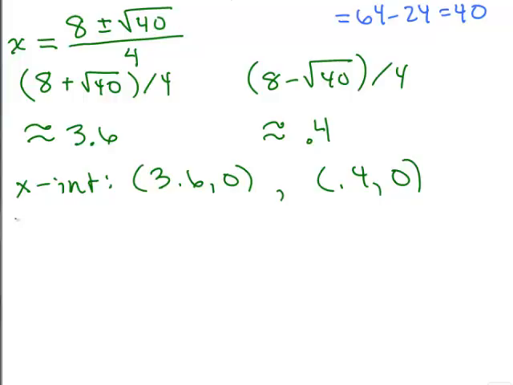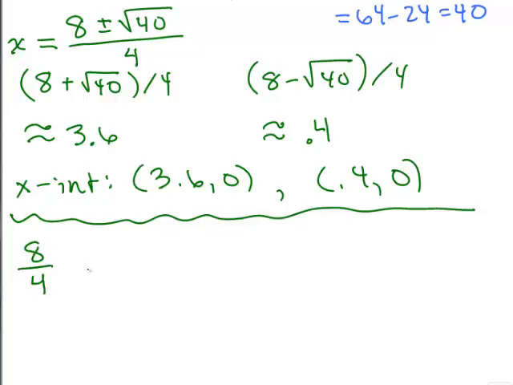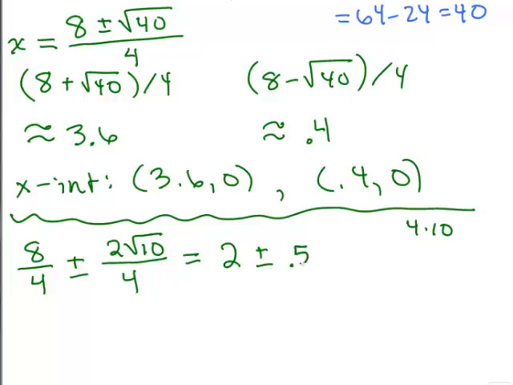Now, if you wanted the exact answer, it's good practice to simplify the square root of 40. When I have 8 plus or minus the square root of 40 over 4, you can write that as 8 over 4 plus or minus the square root of 40 over 4. The square root of 40 is the square root of 4 times 10, so that'll be 2 square roots of 10 over 4. So this is the same thing as 2 plus or minus, and the coefficient would be 2/4, which is 1/2, or 0.5, square roots of 10.